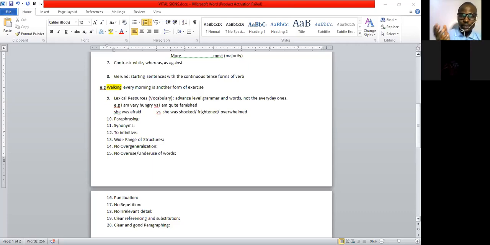You'll see some of them place the low level words and the high level words side by side. You could just go there and do some mining, download some of these things, learn them, and begin to use them from time to time, and use them typically in your IELTS.